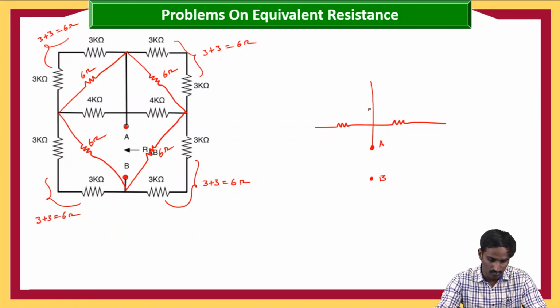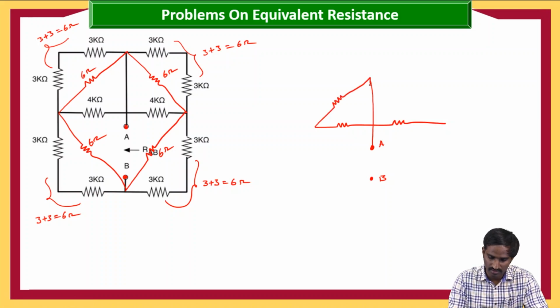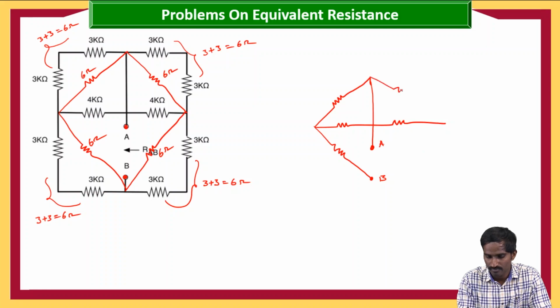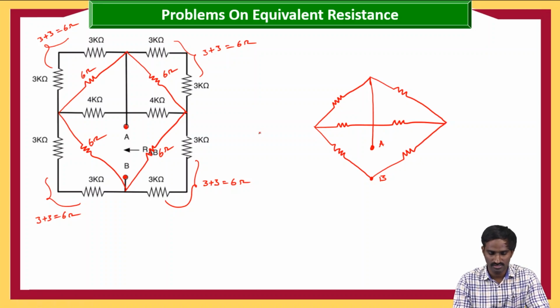Right. So now I'm just drawing here 1 and here 2, here 3, here 4. Then this circuit will become like this. Of course here it is again 4 kilo ohms and here it is again 4 kilo ohms.